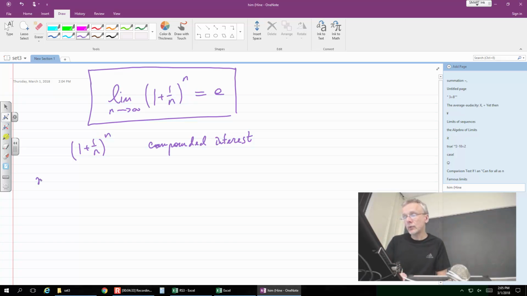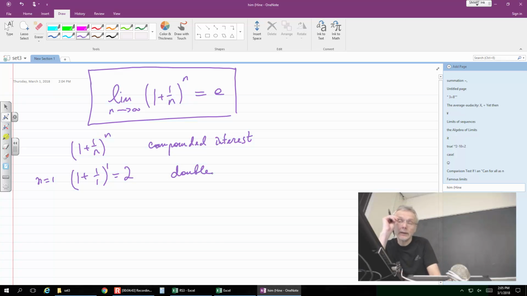So when n is equal to 1, what I have is 1 plus 1 over 1, so it's 2. So double. You double your money in a year, so that's like a 100% annual interest rate. So the 1 over here stands for 100%, and that's how you double your money.